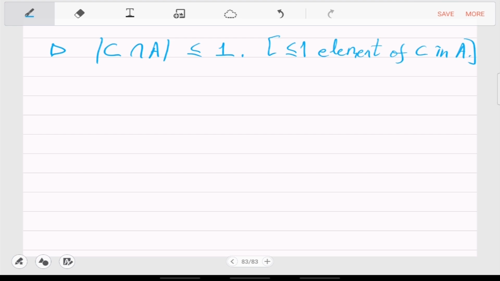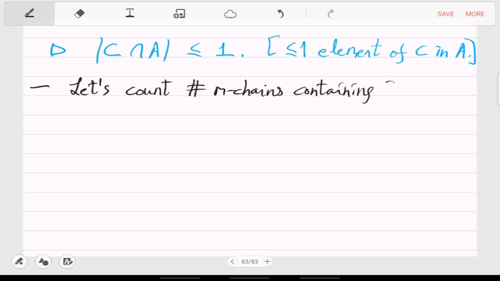Next, let's count the number of M chains containing a set S. Let's say S has size k.